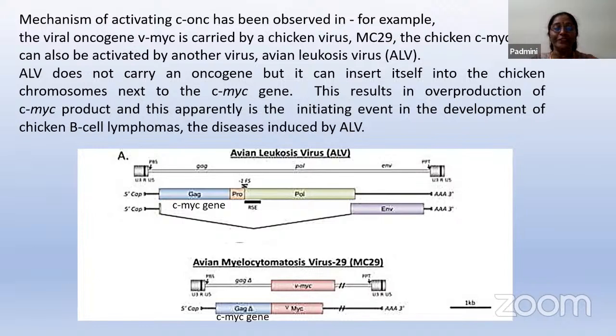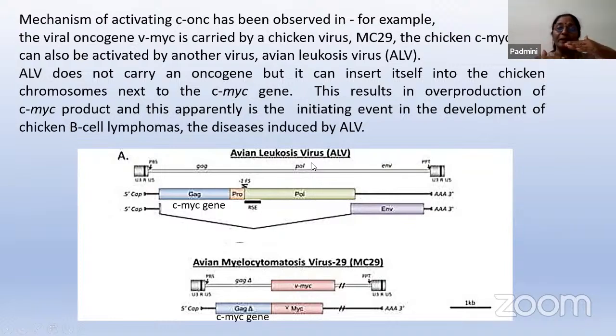But when c-MYC gets attached to the viral sequence, this together changes the proto-oncogene to an oncogene. This results in overproduction of the c-MYC product, and this apparently is the initiating event in the development of chicken B cell lymphomas, a disease induced by ALV.